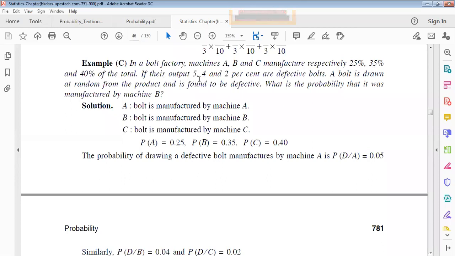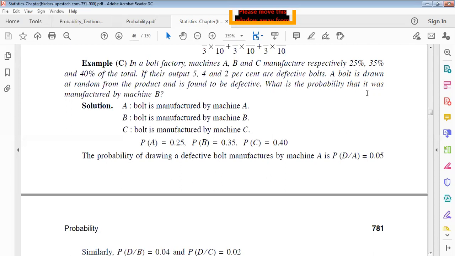If their outputs of 5%, 4%, and 2% are defective bolts, a bolt is drawn at random from the product and is found to be defective.